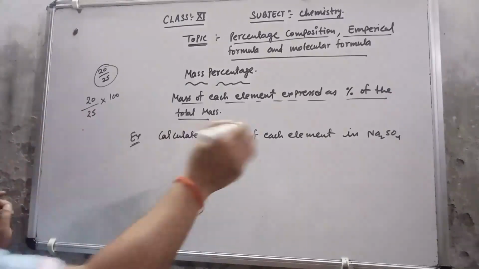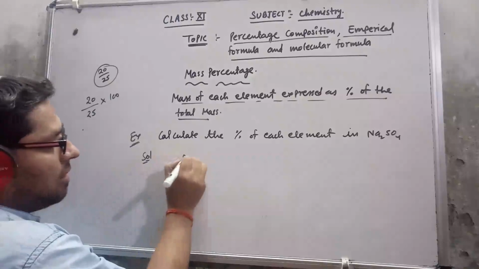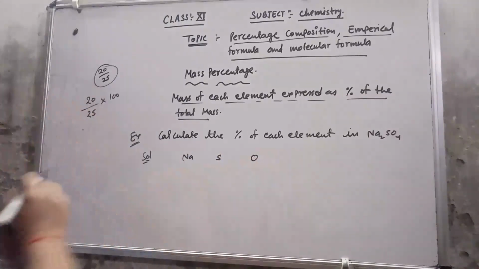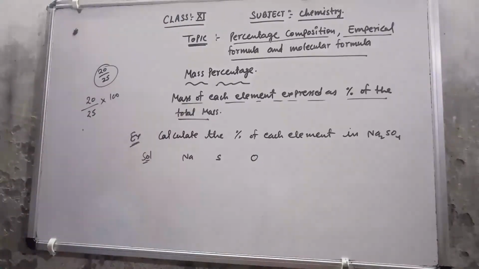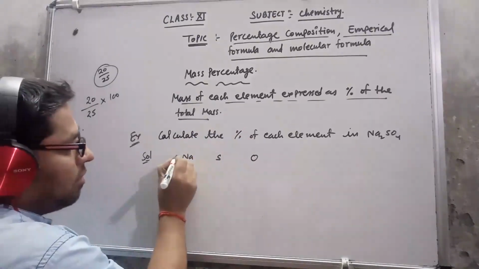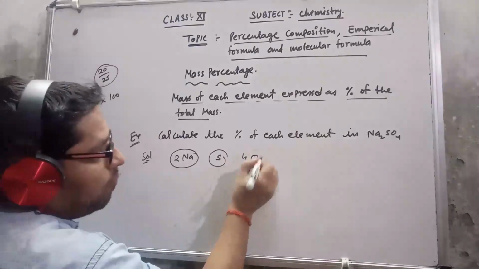Here the elements are sodium, sulfur and oxygen. How many atoms are available? 2 atoms of sodium, 1 atom of sulfur and 4 atoms of oxygen.